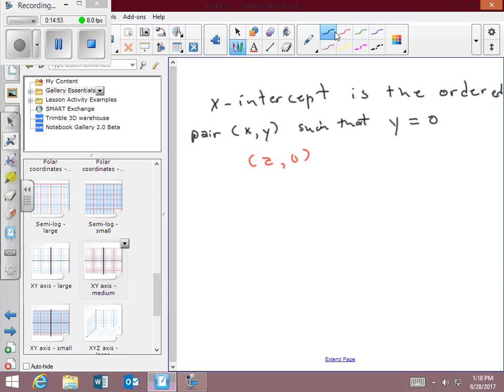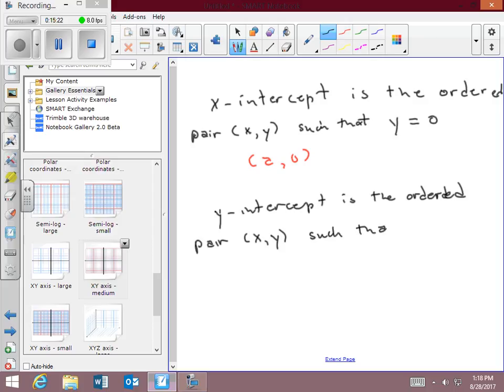Now on the other hand, a y-intercept is the ordered pair (x, y) such that, and what does intuition say that you would say?